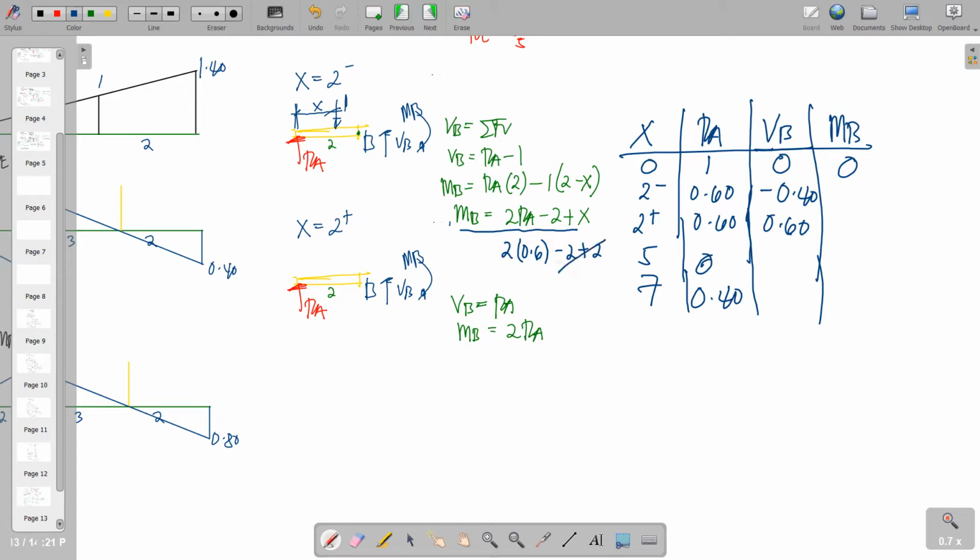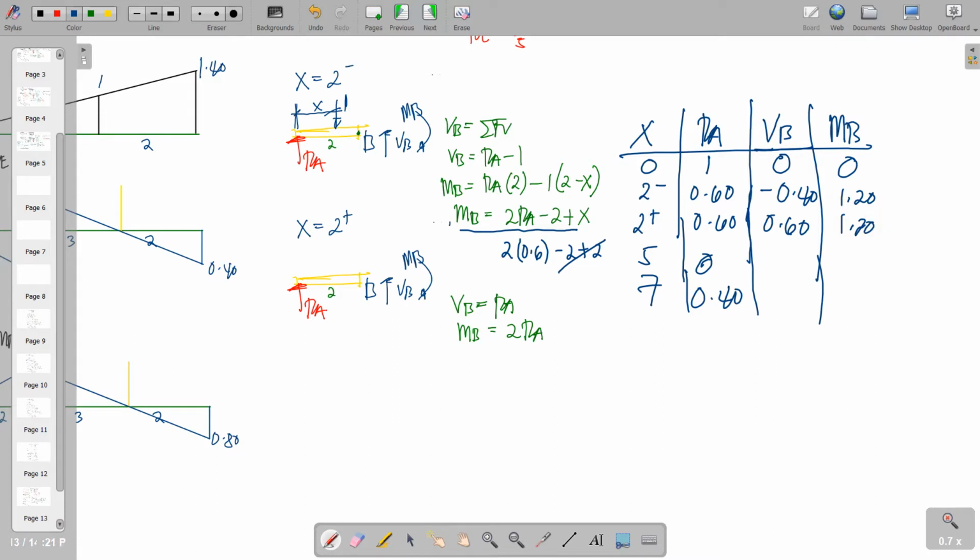So this is just cancelled. So 0.6 times 2 is equal to 1.2. And then for 2 plus, 2 times RA, we use this one, and RA at this point is 0.6. 2 times 0.6 is also 1.2.